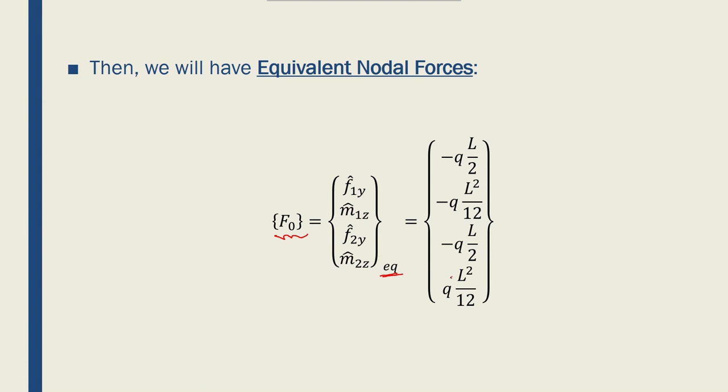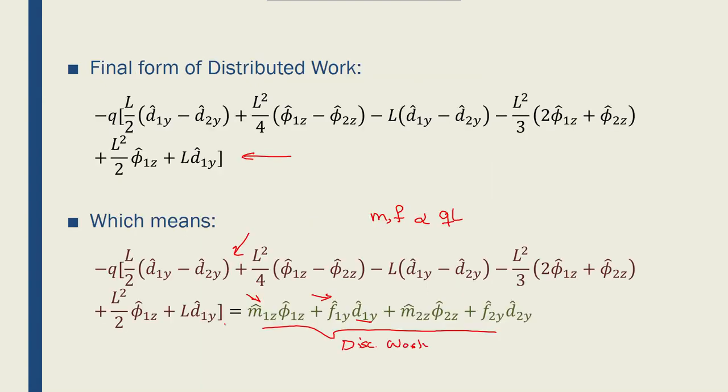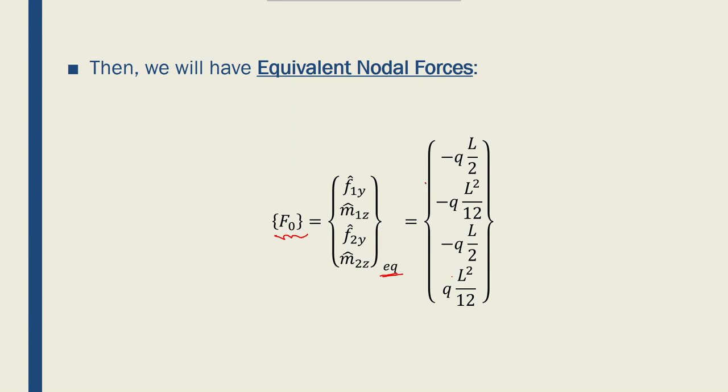What I have done basically is to expand this brown equation so that I will only have one of each terms, d1y, d2y, phi1z, and phi2z. And then by simplifying that, I find the equivalent of these nodal forces. And that's why it's called equivalent nodal forces.